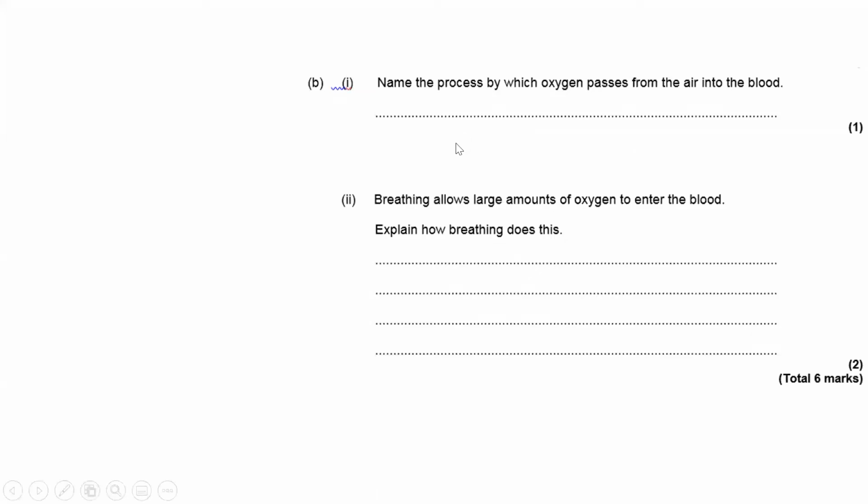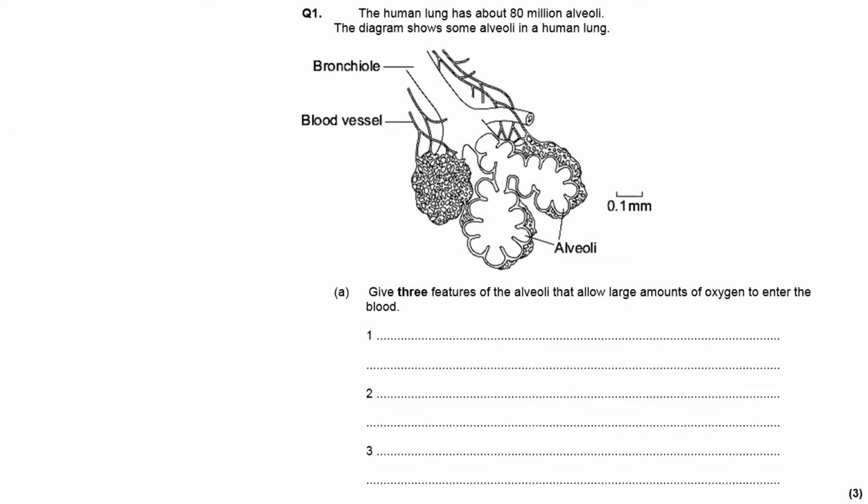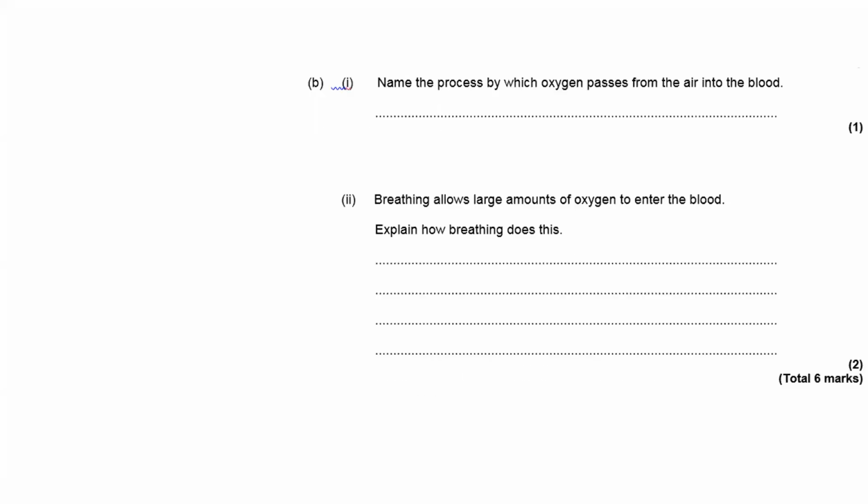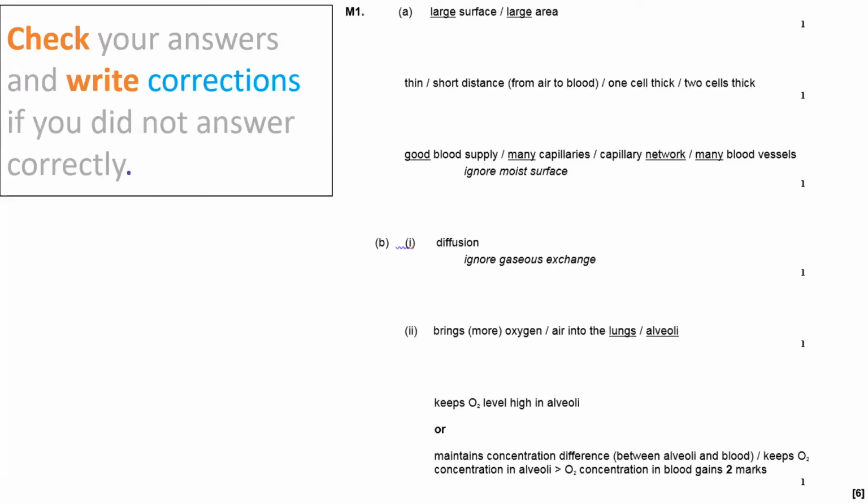These are a bit extension questions. Breathing allows large amounts of oxygen to enter the blood. Explain how breathing does this. We'll go over them in a second, so screenshot that or copy that down, and we'll go over it.